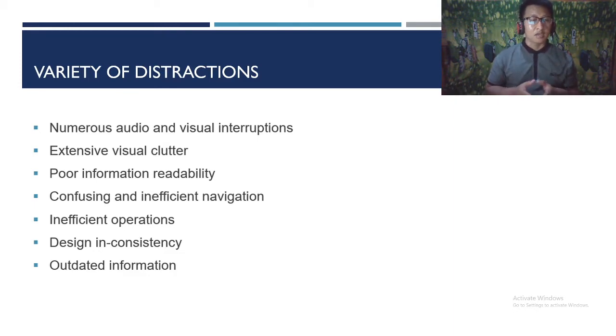All right. Next is design inconsistency. The design is inconsistent. For example, on the home page, your design is very professional, very neat, easy to read, and easy to navigate. But when the user goes to a specific area of the application, the design is now blurry or not properly organized.